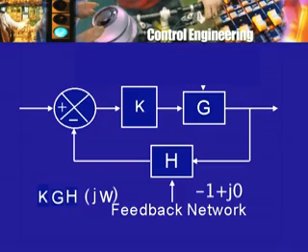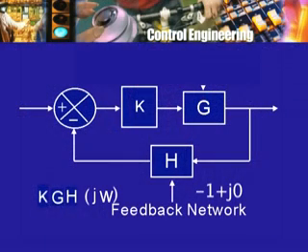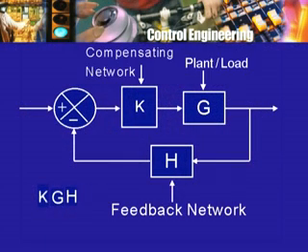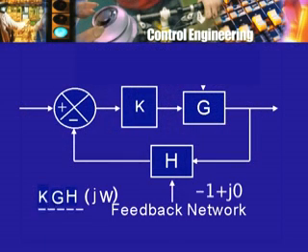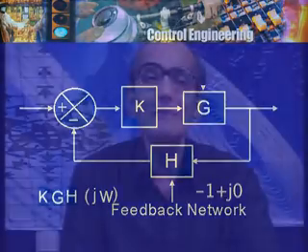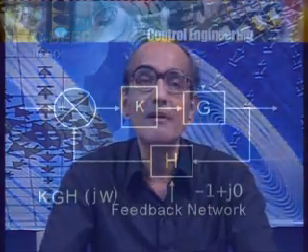Now, as we saw when we started our discussion on the Nyquist criterion or the Nyquist stability method of determining stability, we are looking at G and H, the product along with K, and this is called the loop gain, and this as a function of frequency is the polar plot or the Nyquist plot, and from that we can infer what will be the range of values of K, if any, for which the closed loop system will be stable.